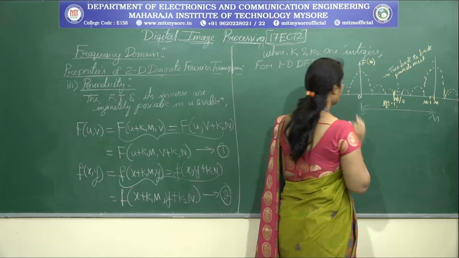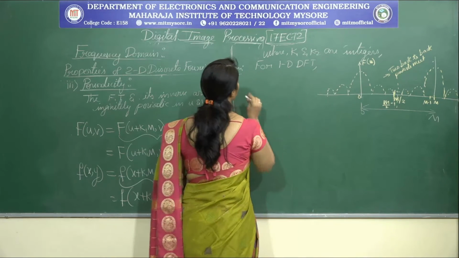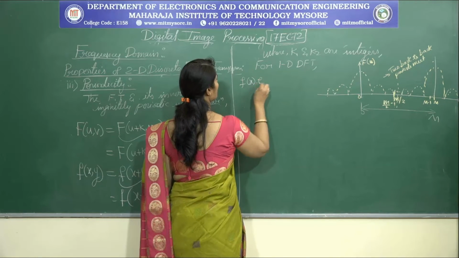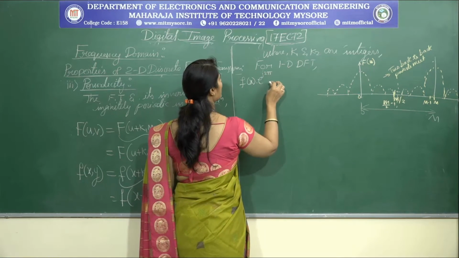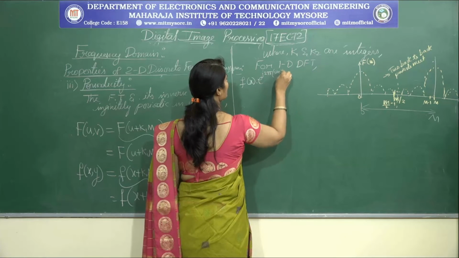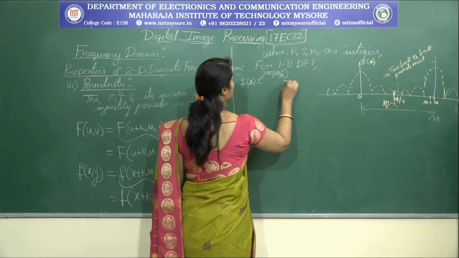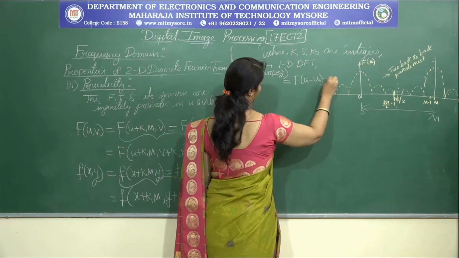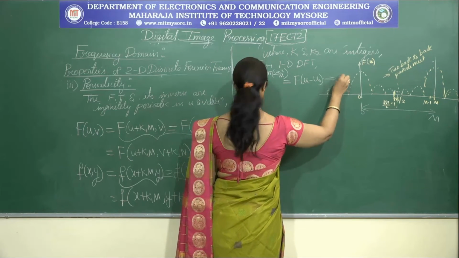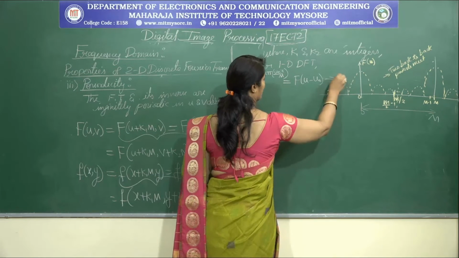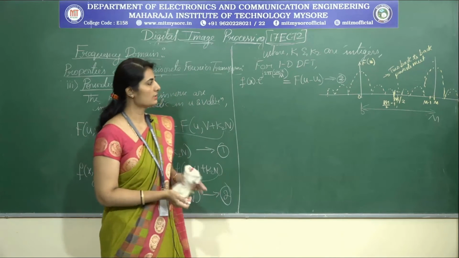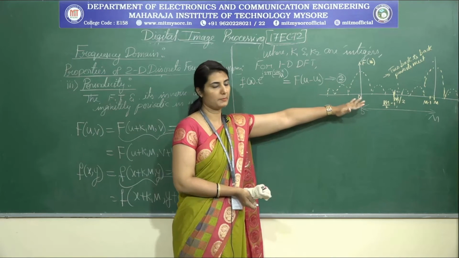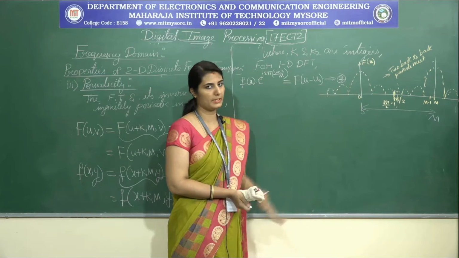So for this signal, f of x into e power j 2 pi u naught x by M, I call this equation number 3. This is the expression for this particular periodic signal, which is infinitely periodic.